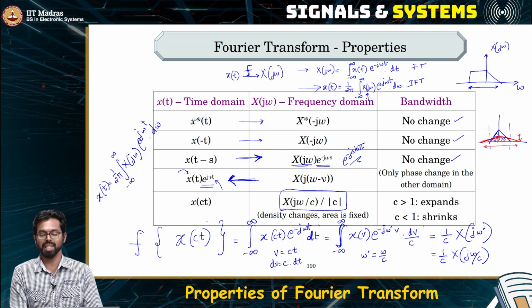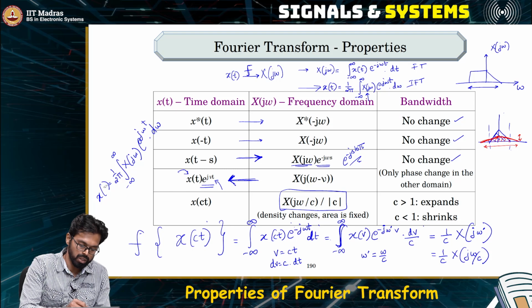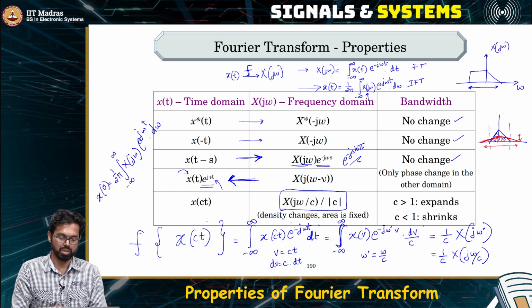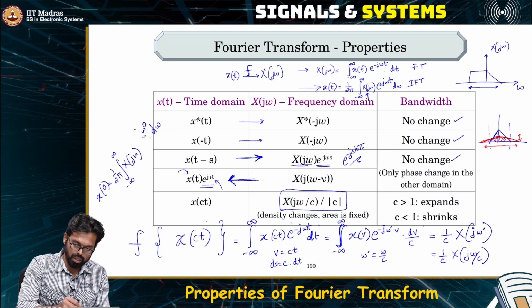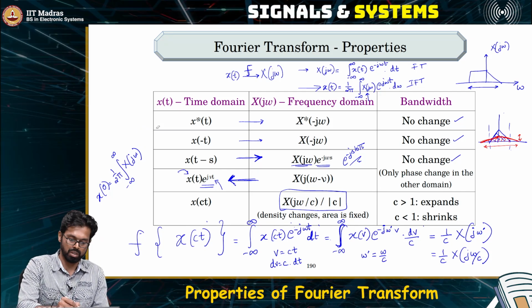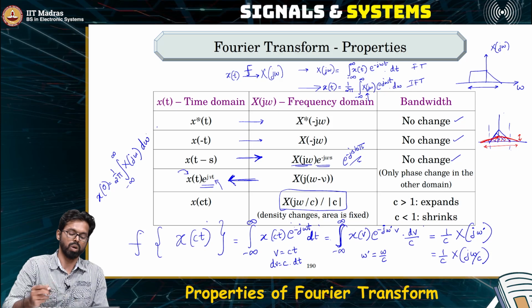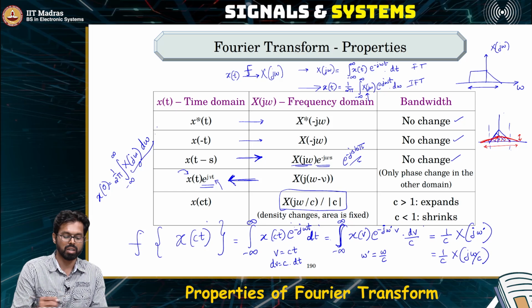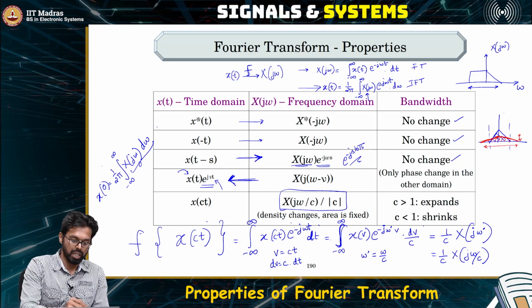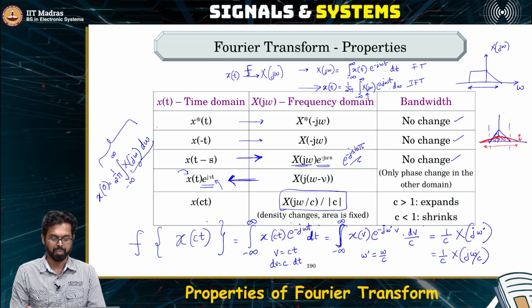Now, just substitute t equals 0 in this. When you substitute t equal to 0, this phasor term disappears. So, we have just 1 by 2 pi integral x of j omega d omega. This is basically the area under the spectrum. Okay. So, the entire thing is the area under the spectrum.